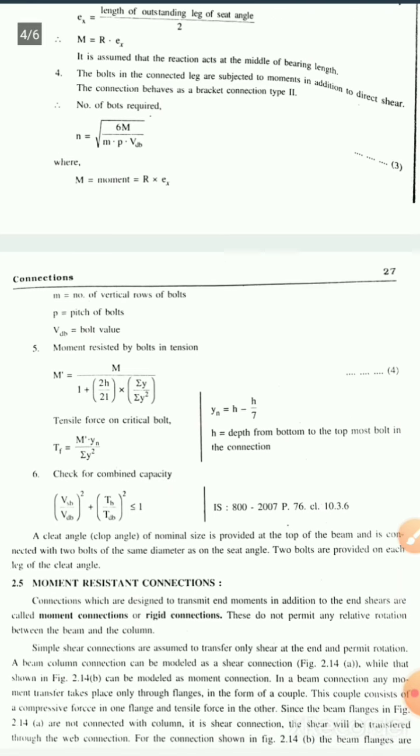Moment resisted by bolts in tension: M dash equal to M upon 1 plus twice H upon 21 into summation y upon summation y square. So the tensile force on a critical bolt TF equal to M dash yn upon summation y square. This formula is also given in IS 800 2007.